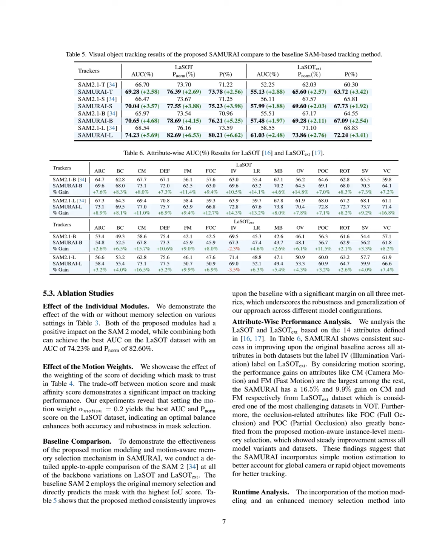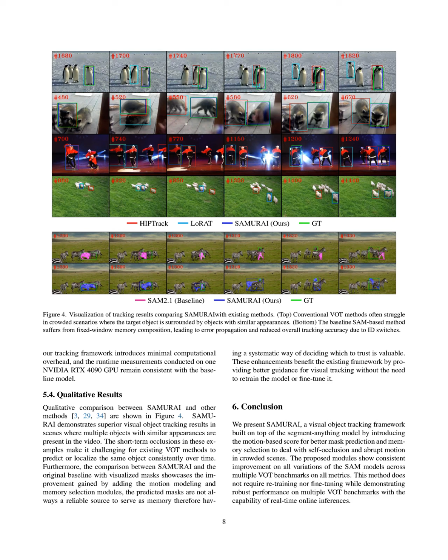Experimental results indicate that Samurai consistently outperforms the baseline SAM2 model, achieving significant improvements in metrics such as AUC and P_norm, particularly in challenging conditions like full and partial occlusions. Furthermore, the incorporation of motion-aware memory selection minimizes computational overhead while maintaining runtime efficiency comparable to the baseline, making it a robust solution for real-time applications in VOT.